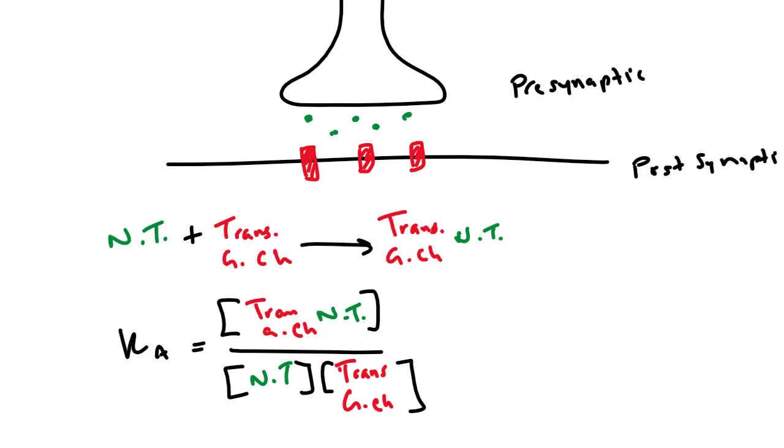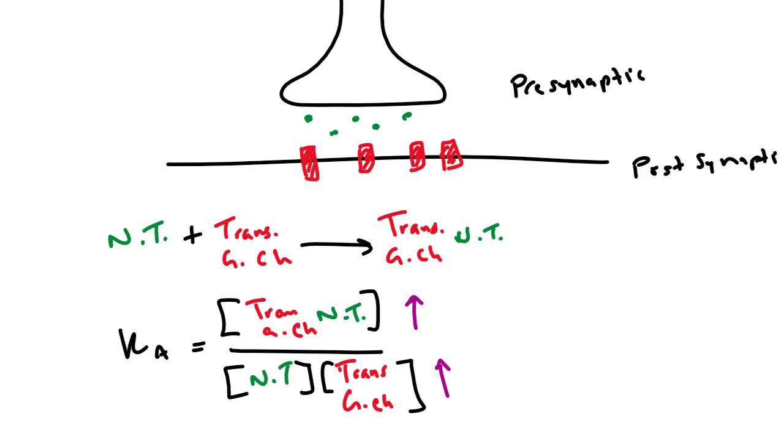Now, if I increase the amount of transmitter-gated channels by some amount, I have to increase the number of bound by the same amount. So by just increasing the number of transmitter-gated channels on the membrane, I make the membrane more sensitive to the neurotransmitter. What does sensitive mean? It means that at the same concentration of neurotransmitter, I will have more transmitter-gated channels bound with the neurotransmitter.